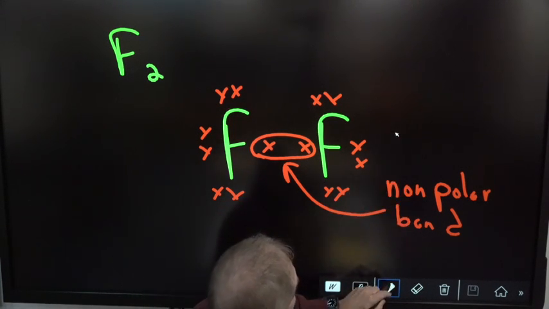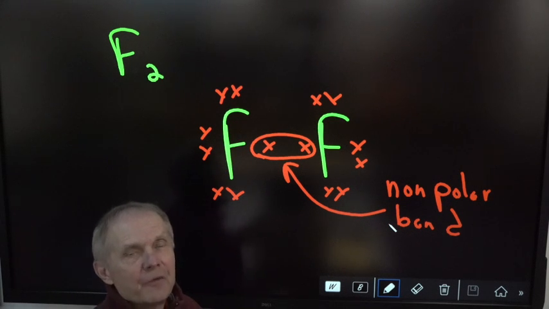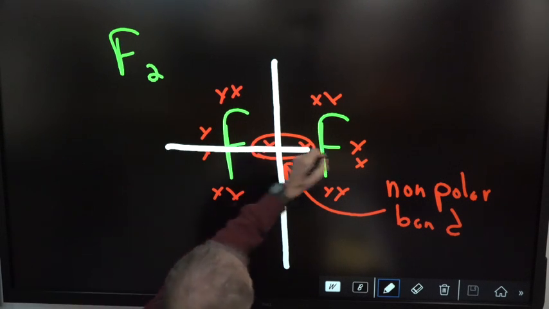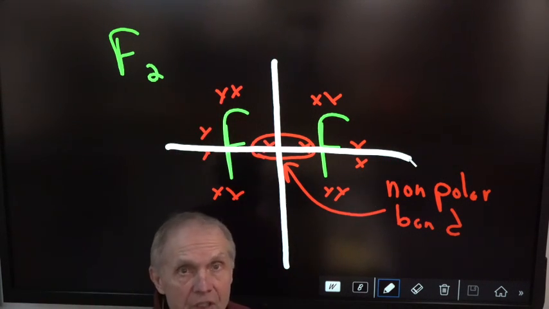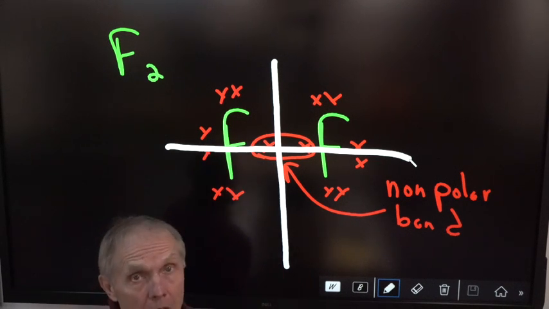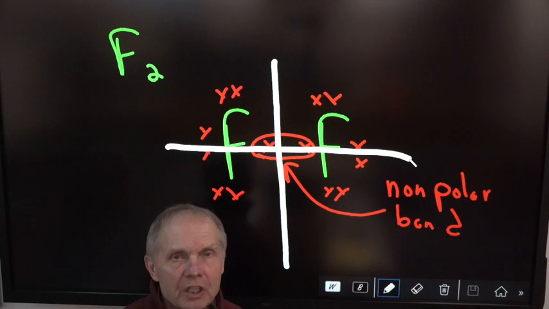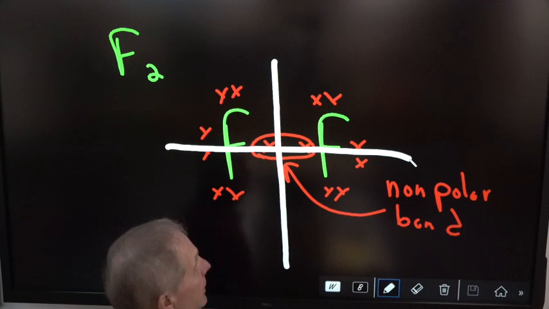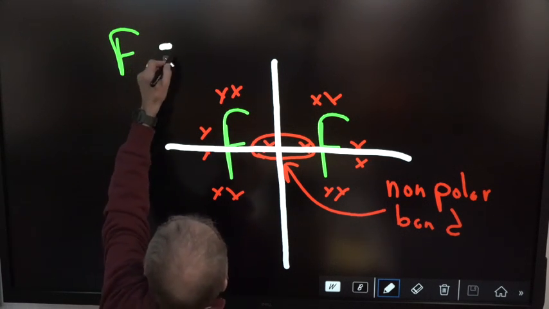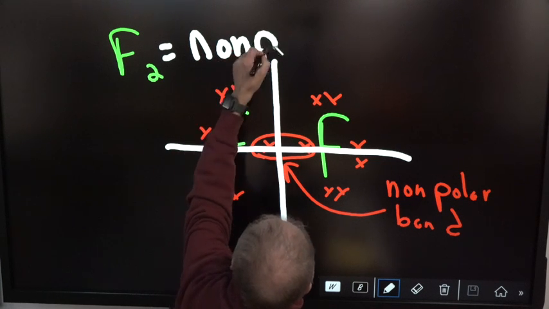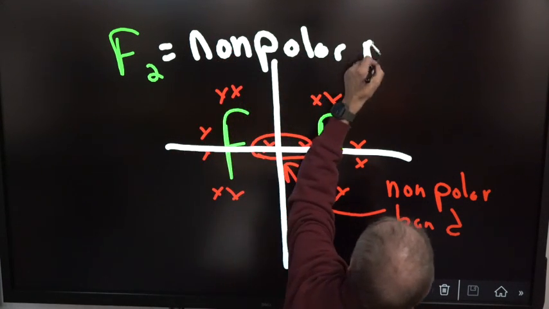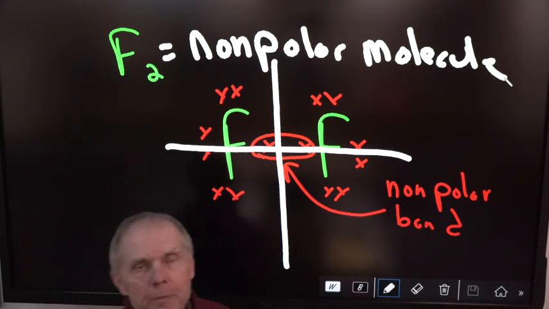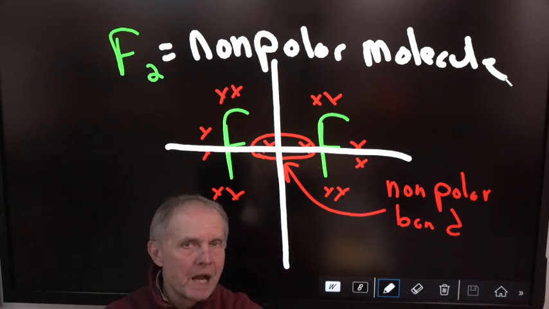Remember how we're going to tell? Let's cut it this way. It looks the same on both sides. Let's cut it this way. It looks the same on both sides. So what do we know about F2? It has a non-polar bond because it's equal sharing, but since it's symmetrical, it's a non-polar molecule. So F2 equals non-polar molecule.